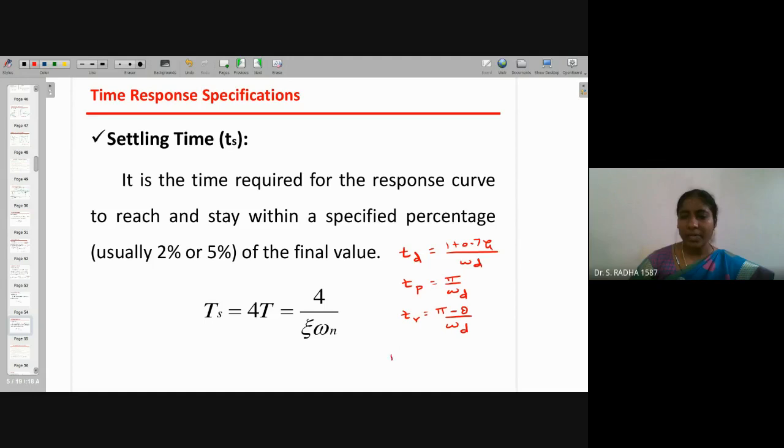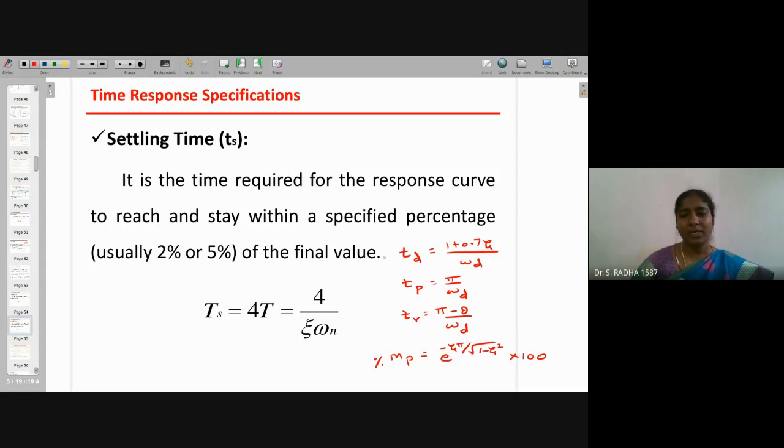And peak overshoot, we had e power minus eta pi divided by square root of 1 minus eta square, and into 100 means you are telling it in percentage. Without 100 means absolute value. If you are calculating peak overshoot in percentage, then into 100 is also required. And the fifth one is settling time.